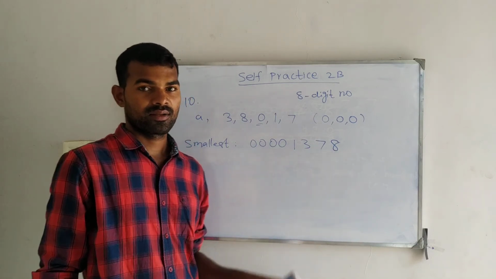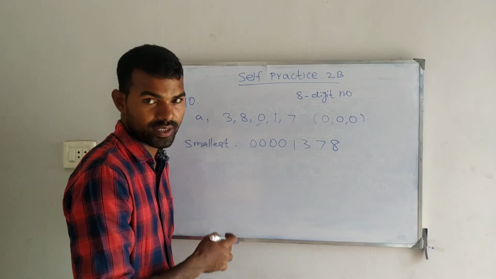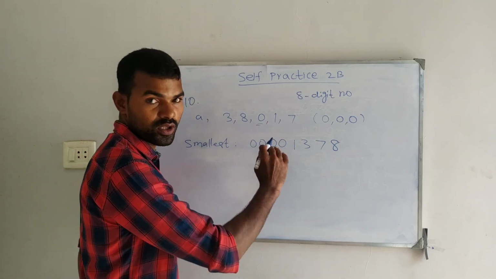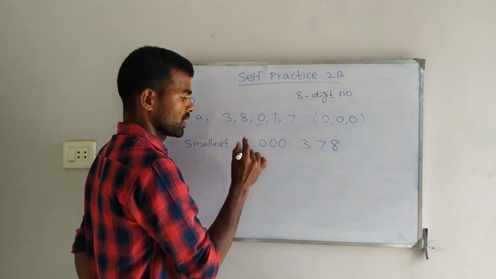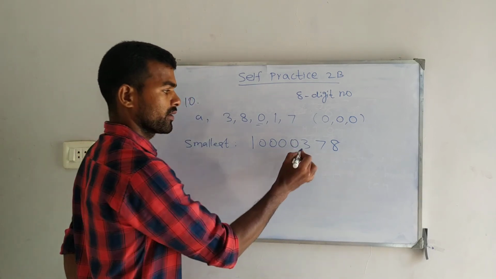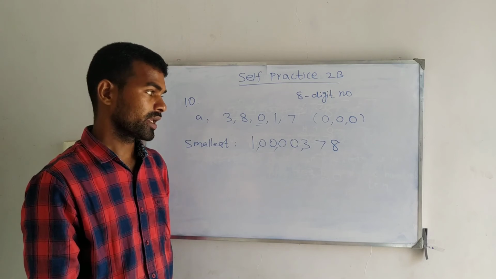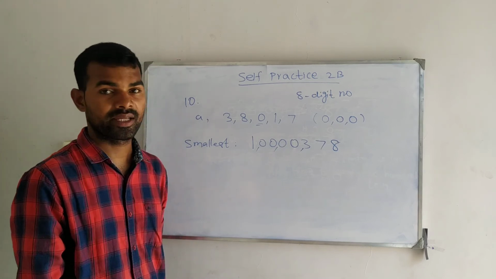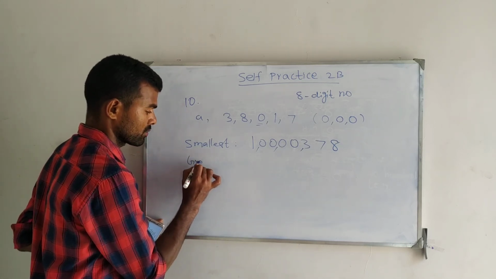We are not reading it with leading zeros, so shift the 1 to the front and the 0s to the right side. Now we can read this number: 1,03,78,000.